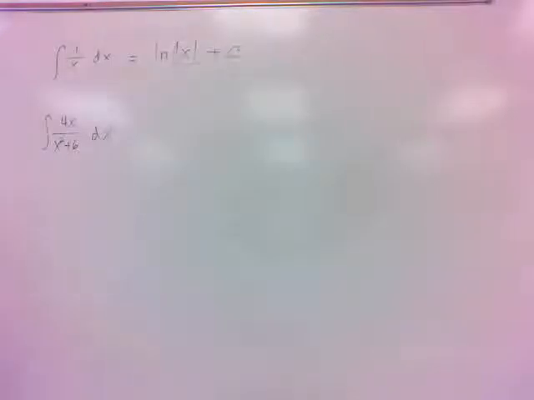Anybody see what we're going to do here to integrate this? My general rule of thumb, of course, if it's not just something direct, like this 1 over x, is to always look to use u-substitution as your next line of thinking.